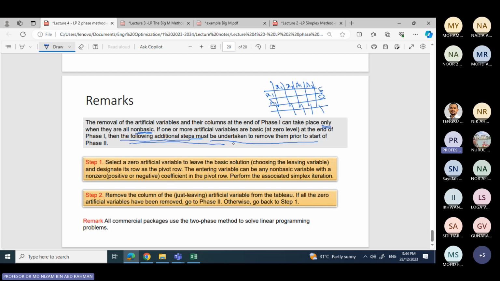So you need to proceed. You cannot just stop. You need to proceed. But you need to remove this. How to do this? Step 1, select 0 artificial variables to leave the basic solution.